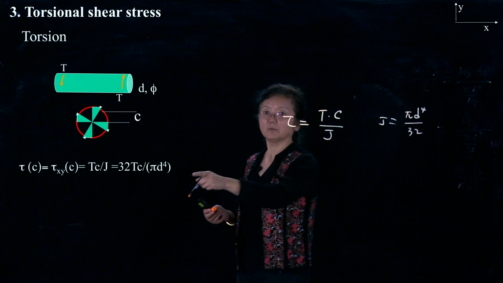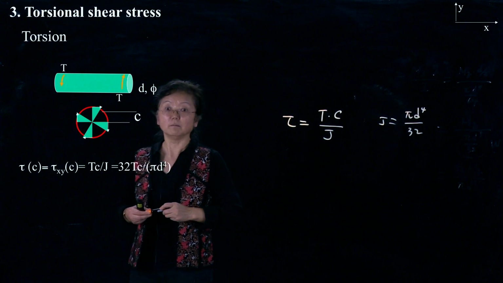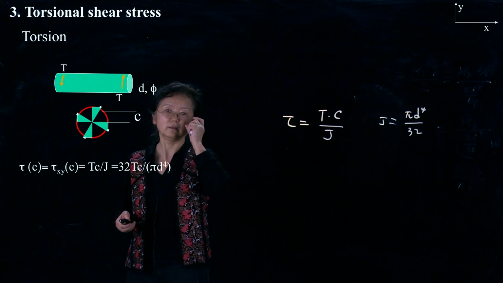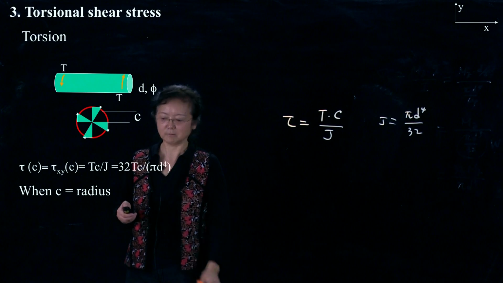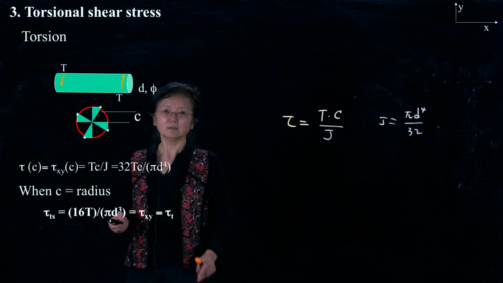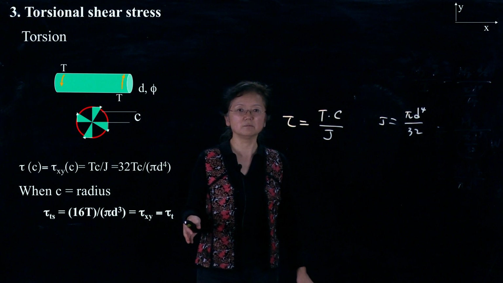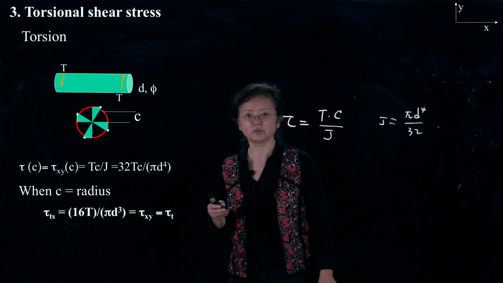Okay, so that ends up with this value. So again, maximum is on the surface when C equals the radius, okay, 1/2 of d. And then we get to the surface stress, and this is the maximum torsional shear stress.